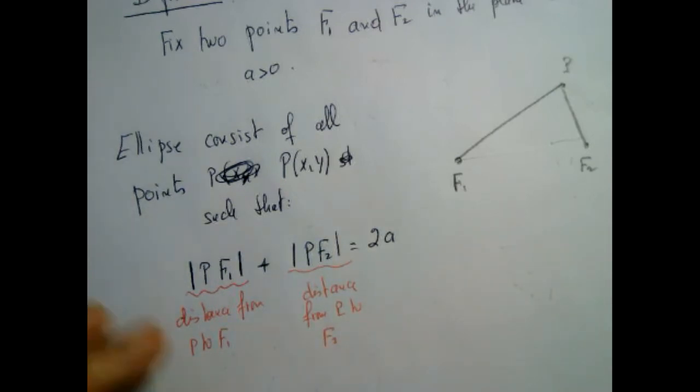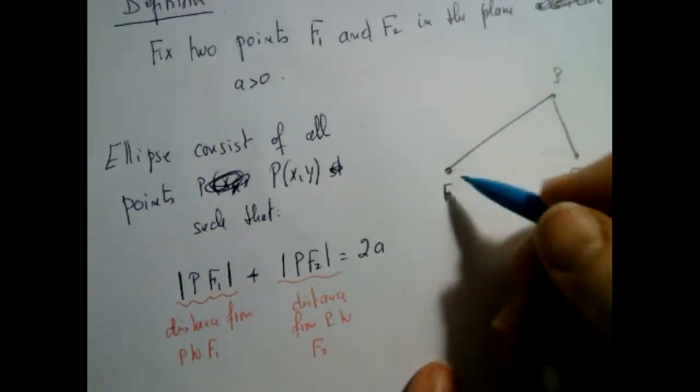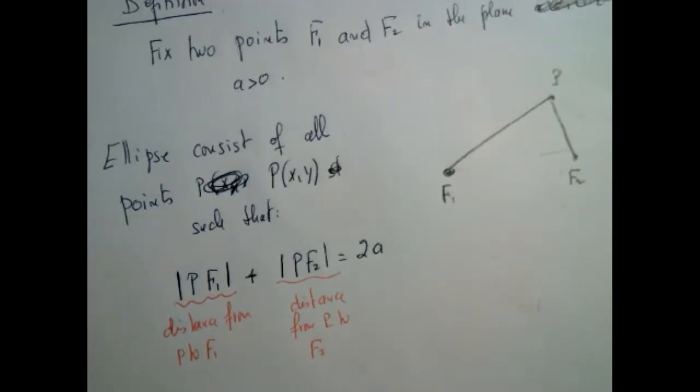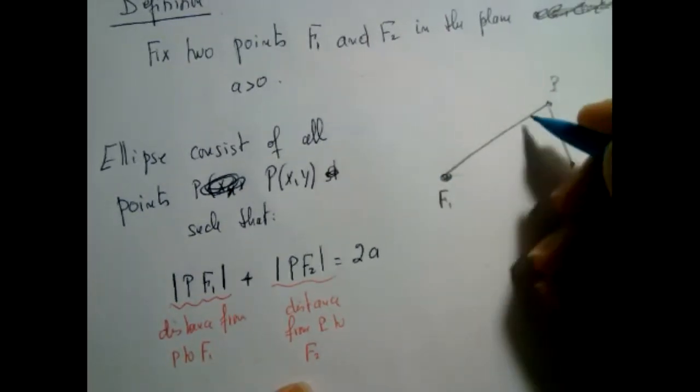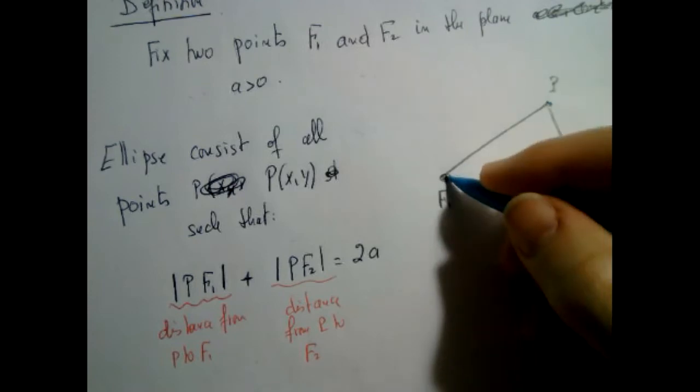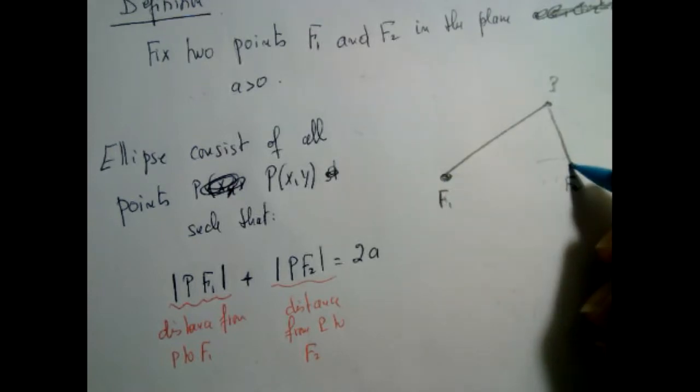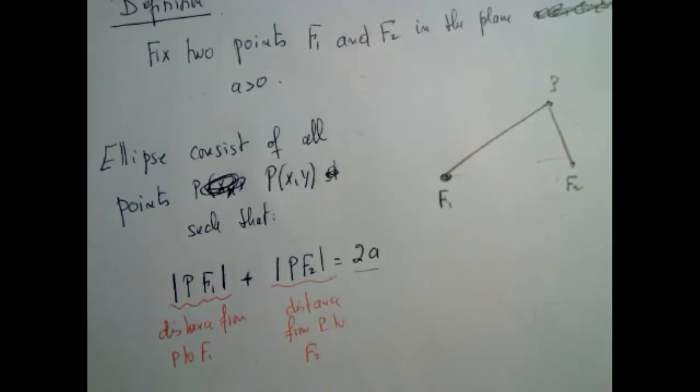Okay. So what is an ellipse geometrically? You fix 2 points. Those are fixed. And you take all the points such that the distance from P to F1, plus the distance from here to here, is a fixed number equal to 2a.